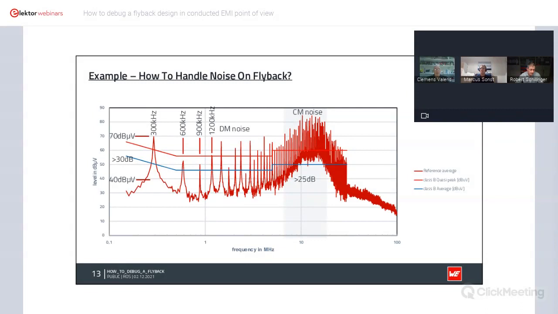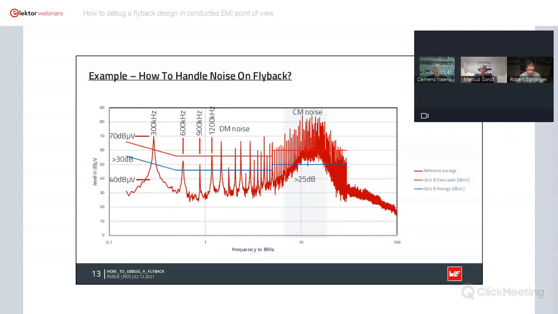This is a differential mode. You can see it at the 300 kilohertz base frequency and the harmonics at 600, 900, 1200, and so on. Every 300 kilohertz you get a peak, and you must do something against this differential mode noise.